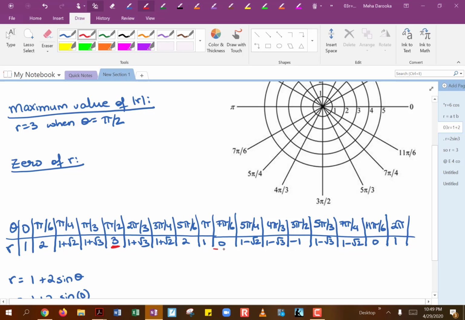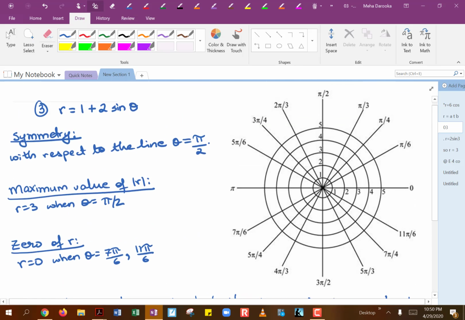It looks like we have a 0 at 7 pi over 6, and we also have a 0 at 11 pi over 6. So we would say r equals 0 when theta equals 7 pi over 6 and at 11 pi over 6. This is what you would come up with for the maximum and the zero values of r.